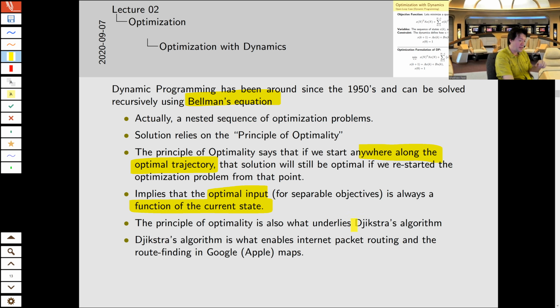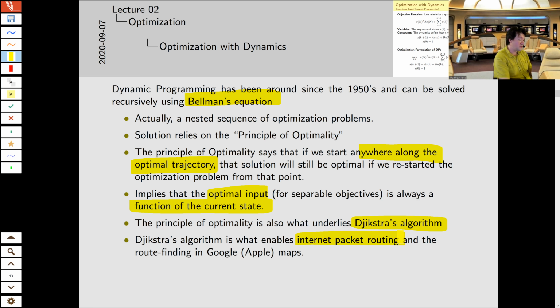It also goes by the name of Dijkstra's algorithm. You may have heard of that. Dijkstra's algorithm is what allows us to have the internet. That's what enables packet routing.